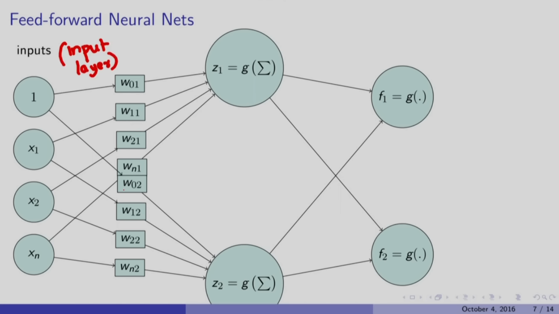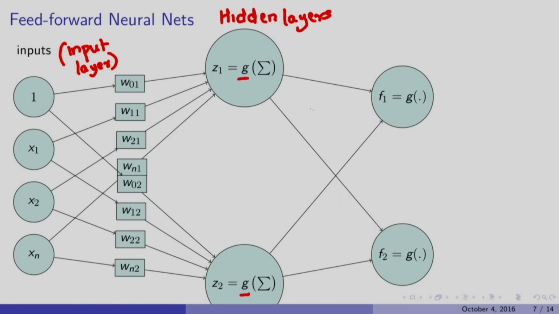Each of the inputs is weighted and passed on to the hidden layers. There could be multiple hidden layers which are basically going to take linear combinations of the inputs and produce output using the activation function G.